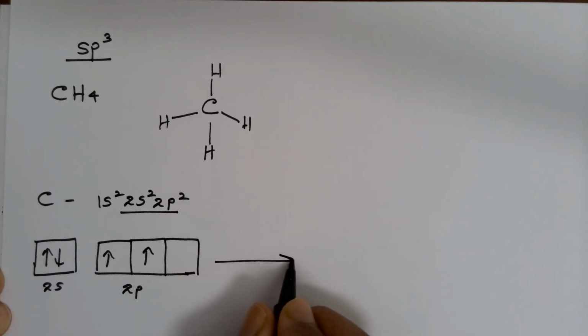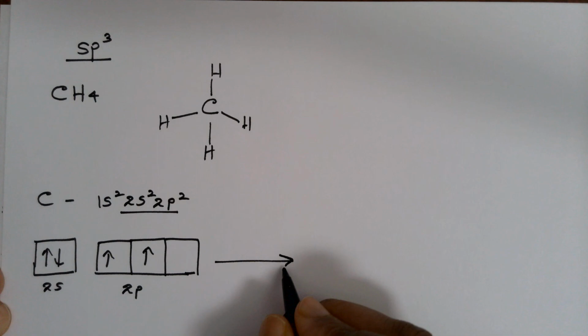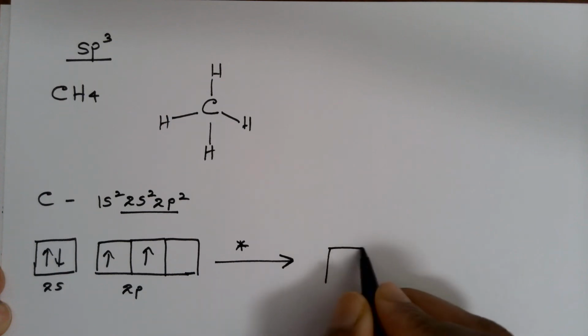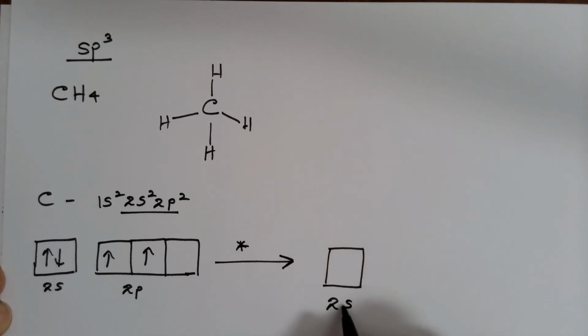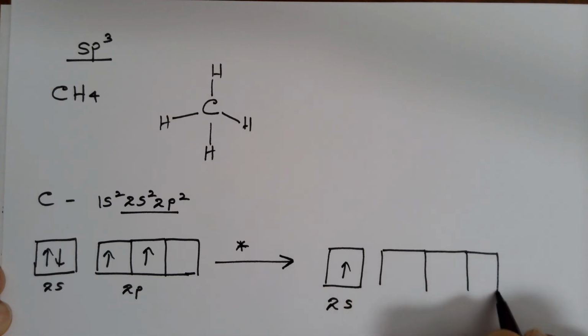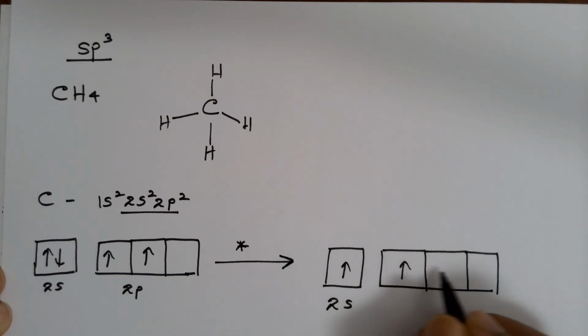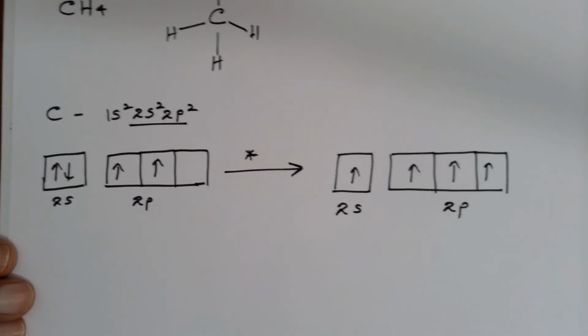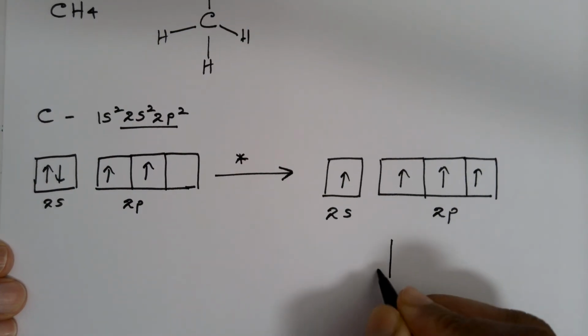So let's quickly go through the promotion step. One of the electrons in the low energy 2s level is promoted to the next highest energy level. Then the 2s orbital has one electron, and all three p orbitals are now occupied with single electrons. After electron promotion, our next step is orbital mixing.